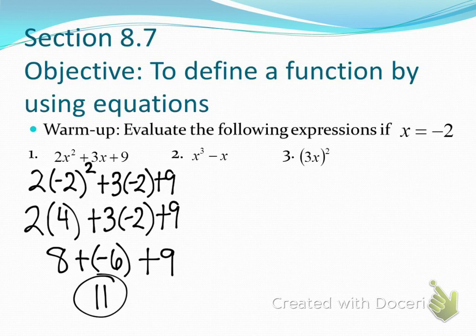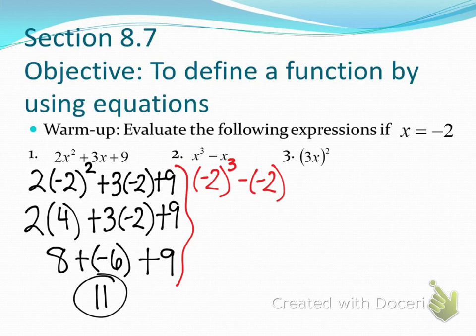All right, on number 2. We substitute in that -2. I'm still using parentheses to help me keep it all straight. Notice that I didn't change anything about this minus. We've got a minus sign and x is now negative, so minus a negative. What do I need to do first in this problem? Keon? The exponent. What is -2 cubed?